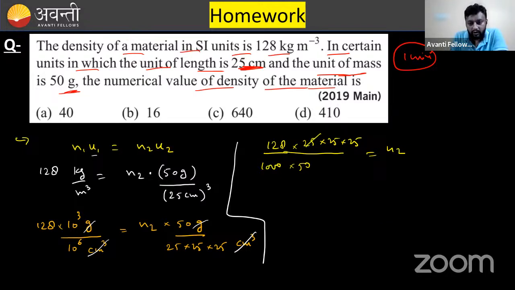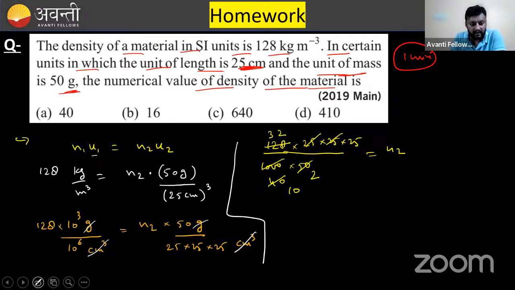Okay, 25 into 2. 25 into 40. Okay. Now you can again simplify. 4 tens are, 4 threes are, 4 twos are.